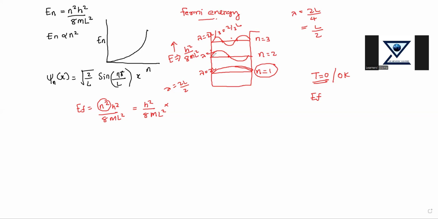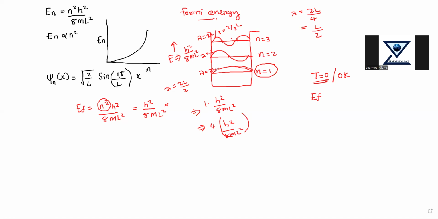From lower level to upper level, the energy increases in units of h square by 8 ml square. For the first level, it is 1 into h square by 8 ml square. And for level 2, n square is 4 into h square by 8 ml square. So the unit is this one. And with respect to n square, En is increasing gradually along the positive axis.